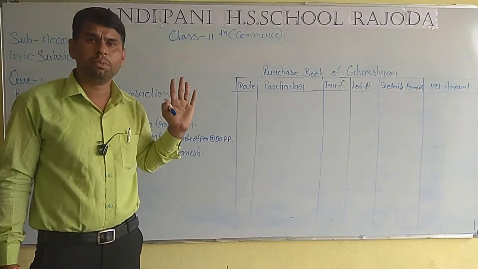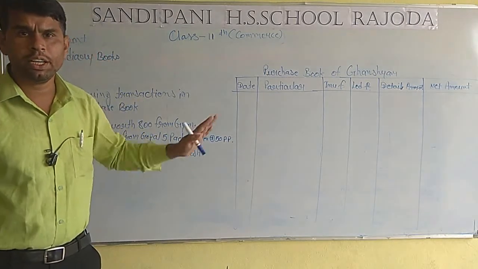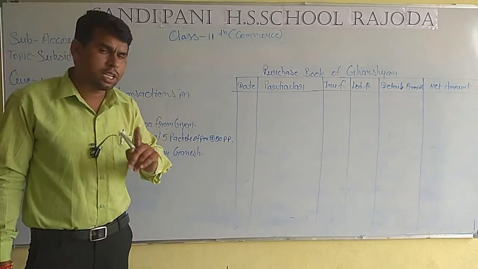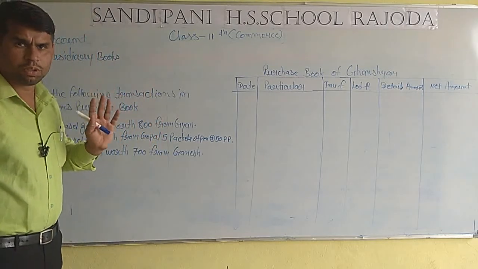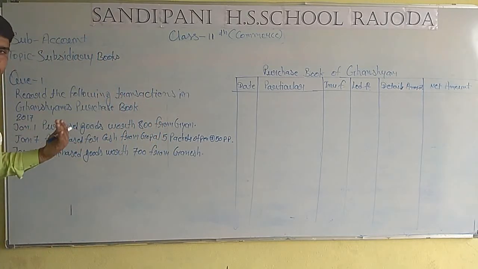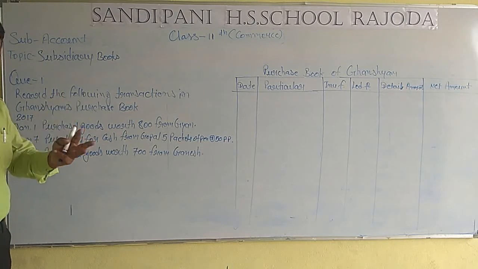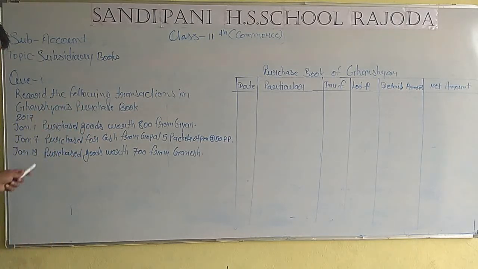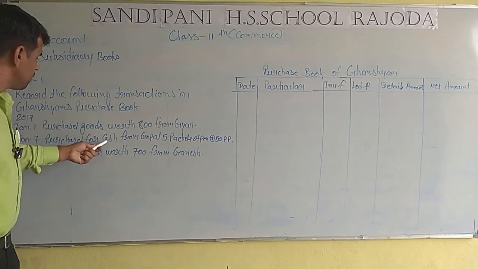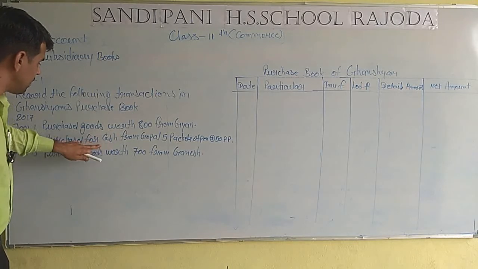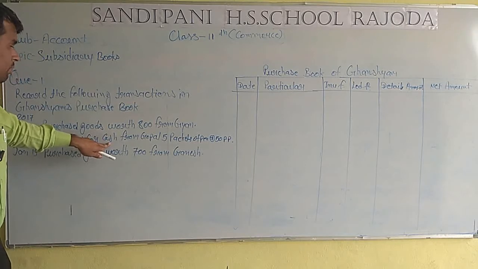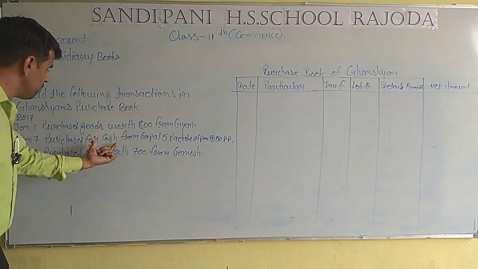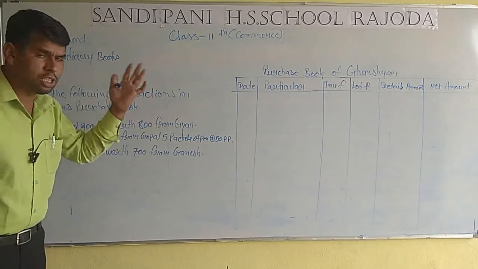Otherwise we will not write it. Cash transactions we will not write, and asset purchases, and goods sent on consignment, these 3 transactions we will not write in the purchase book. So here the second transaction is a purchase for cash from Gopal, so we will not write this transaction in the purchase book.